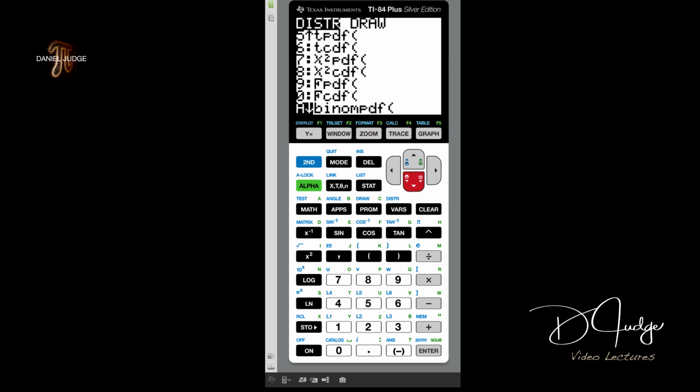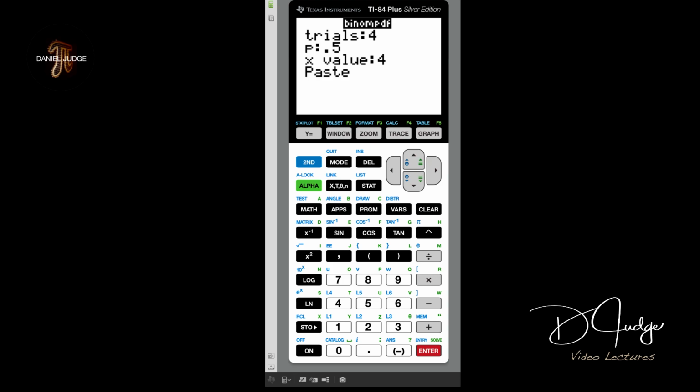See, it's A here. And once I find that, I hit enter. Now, in this example, we need to know the number of trials again. How many trials are we working with? We're selecting 6 people here. And then go to the next value. Little p, ladies and gentlemen, is no longer 0.5. Little p, if you guys remember, is 0.1.